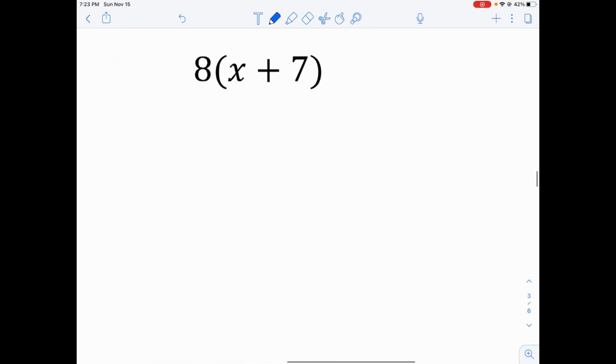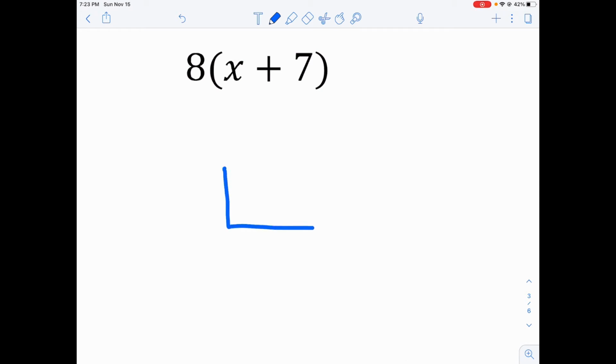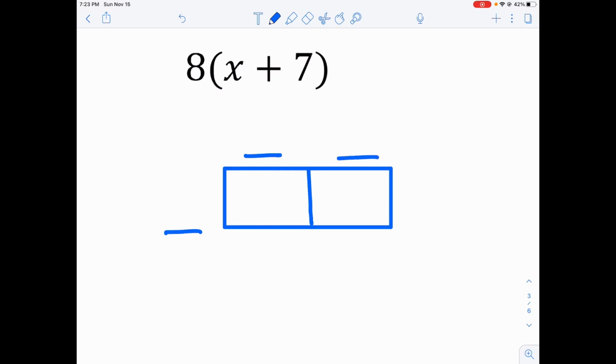Next one is 8 times x plus 7. 2 terms inside my parentheses, so 2 boxes when I draw. A number in front of the box, a number above and above. The number in front of the parentheses is the number that is in front of my boxes, so 8. Remember to split that up by its terms. The first term goes above the first box. The plus 7 goes above my second box, so that is a positive 7.